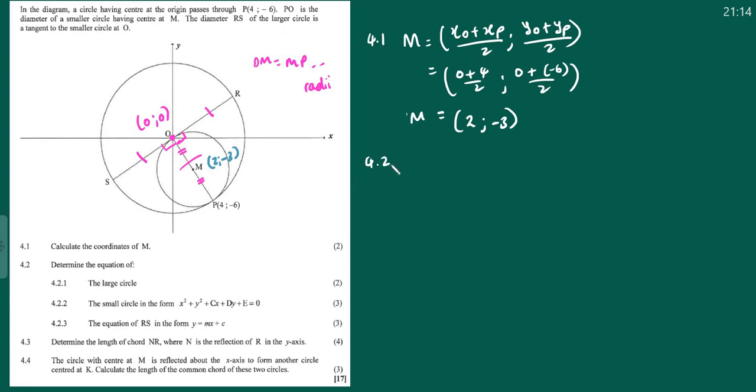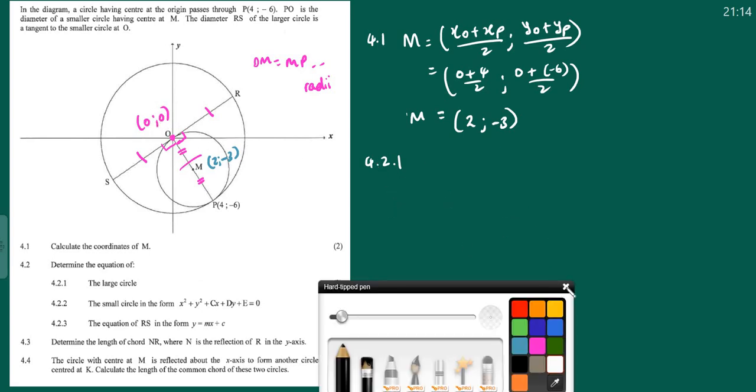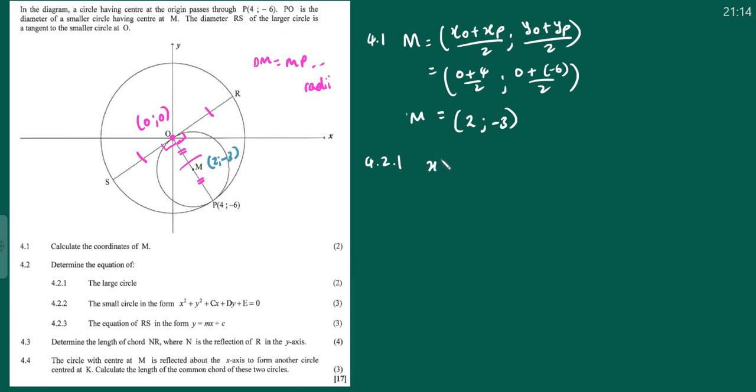Now determine the equation of the larger circle. The larger circle is this one. To get the equation, what do you need? Remember that the center is at 0 and 0. This is a circle centered at the origin. If a circle is centered at the origin, the general formula is x squared plus y squared is equal to r squared. In fact, let me write this.